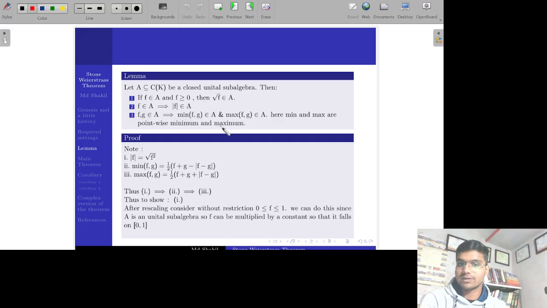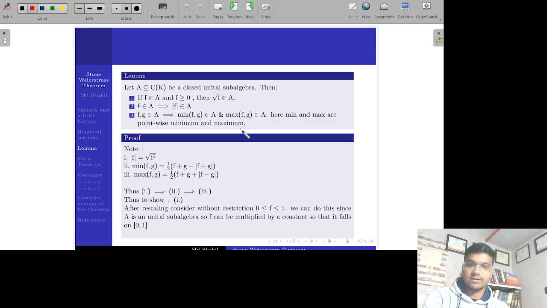Means first of all we take a point x from K, then we take the values f(x) and g(x), and then we take the minimum value of f(x) and g(x), and that is the minimum of f and g at point x. So we do all these operations over the whole compact space K, then we find the minimum of f and g as a function in A and the maximum of f and g as a function in A.